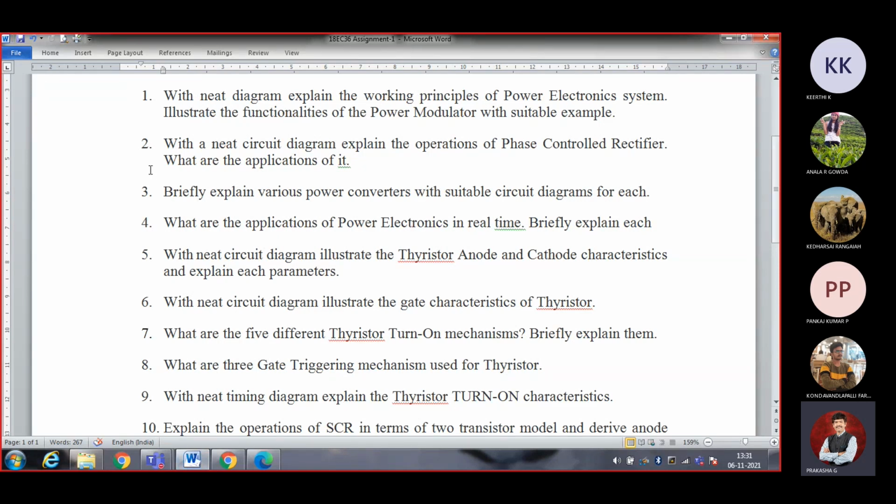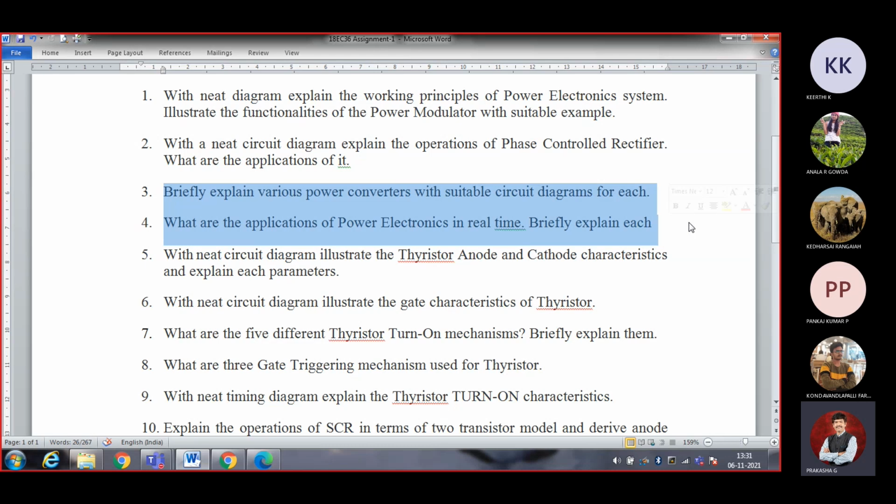Here, most of the things, because we have very few classes, we could only cover one module. But since we are also associated with lab, some of the lab experiments are also related to your power electronics circuits, power electronics and instrumentation, where you can also concentrate on those images I have shared with you.